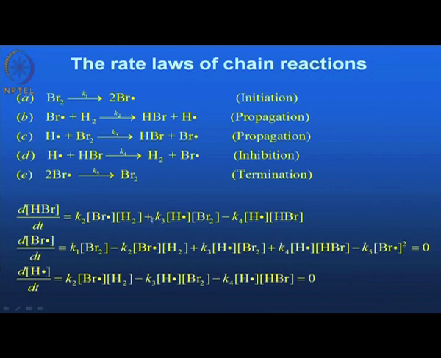So, we have got 3 key equations, of which the last 2 should be equated to 0 because of this steady state approximation, and whatever expressions we get for the concentration of H• and Br•, we should put in the first expression, which is for the rate of production of HBr.